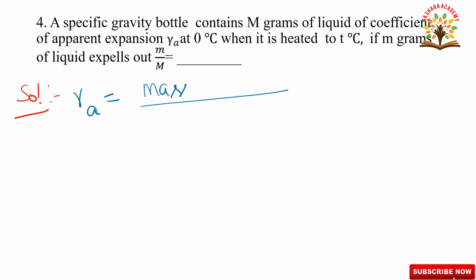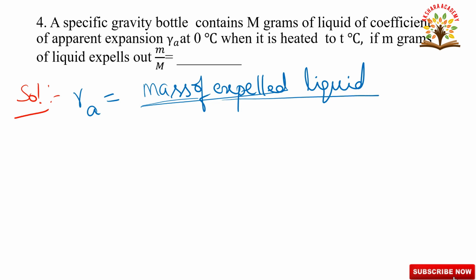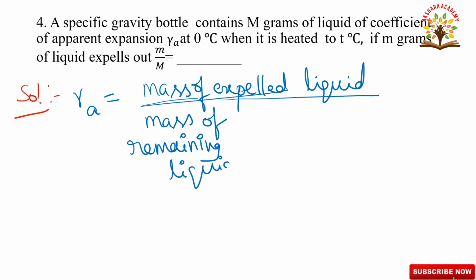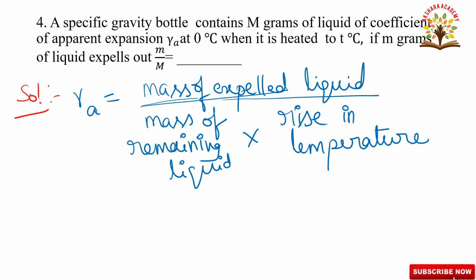Gamma A is equals to mass of expelled liquid by mass of remaining liquid into rise in temperature.